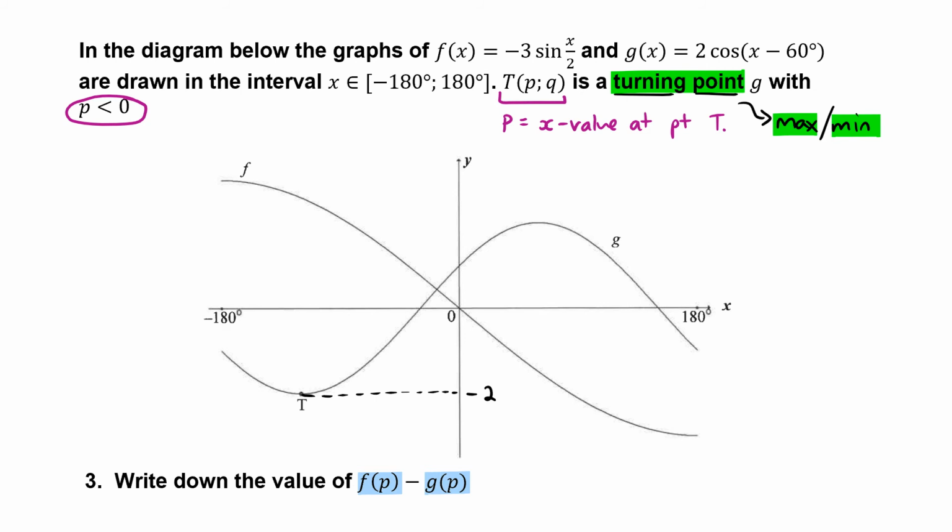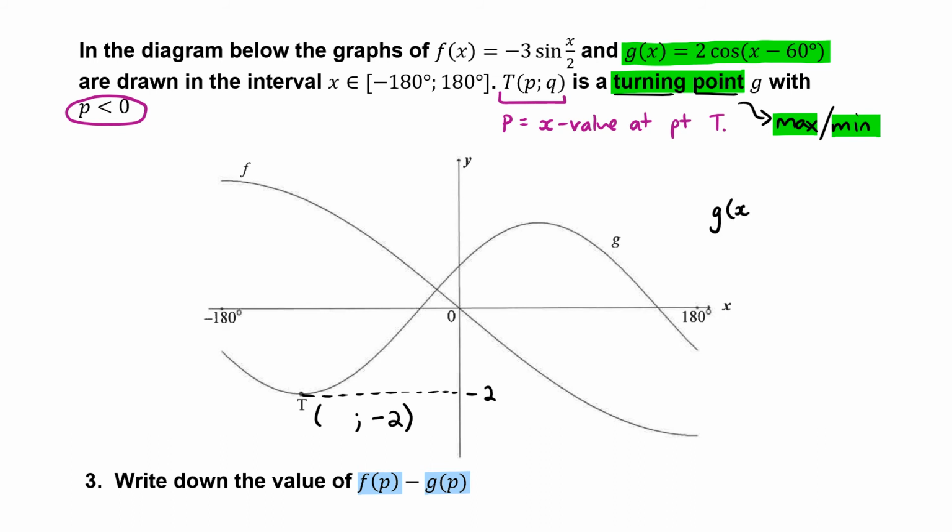So we therefore know that the y-coordinate of t is negative 2. And if we wanted to go and collect the x-coordinate, we would simply need to substitute negative 2 into our equation for g of x. So let's start off by doing that then.